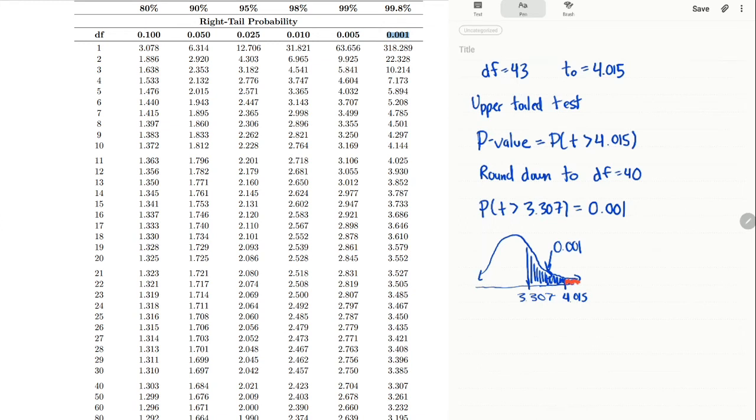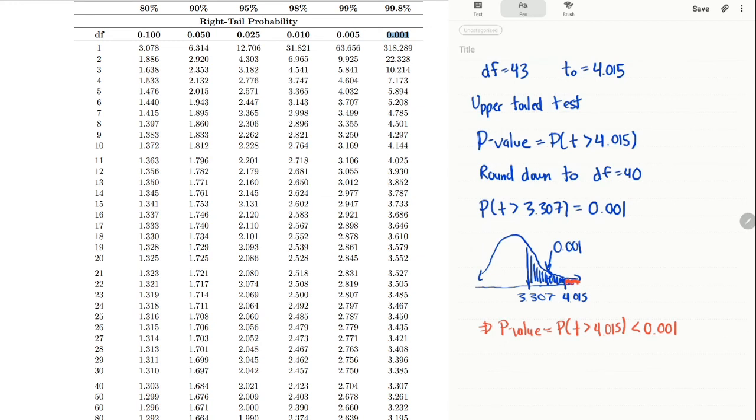Since the area to the right of 3.307 is 0.001, the p-value is going to be smaller than 0.001.